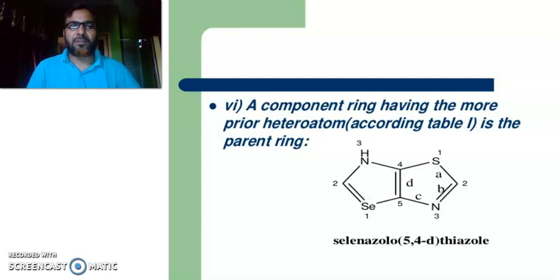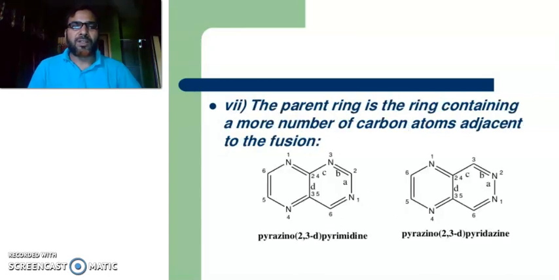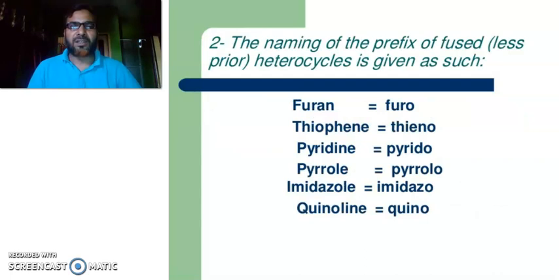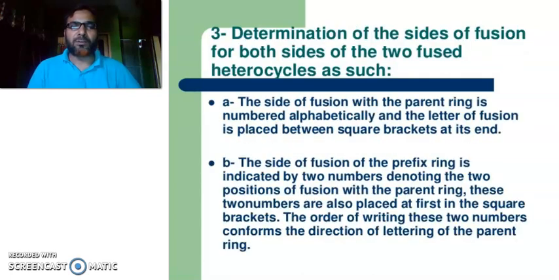You can see selenazolo[5,4-d]thiazoles. The parent ring is the ring containing more carbon atoms adjacent to the fusion. You can see pyrazino[2,3-d]pyrimidine, pyrazino[2,3-d]pyridazines. So furan, furo; thiophene, thiino; pyridine, pyrido; pyrrole, pyrrolo; imidazole, imidazo; quinoline, quino.